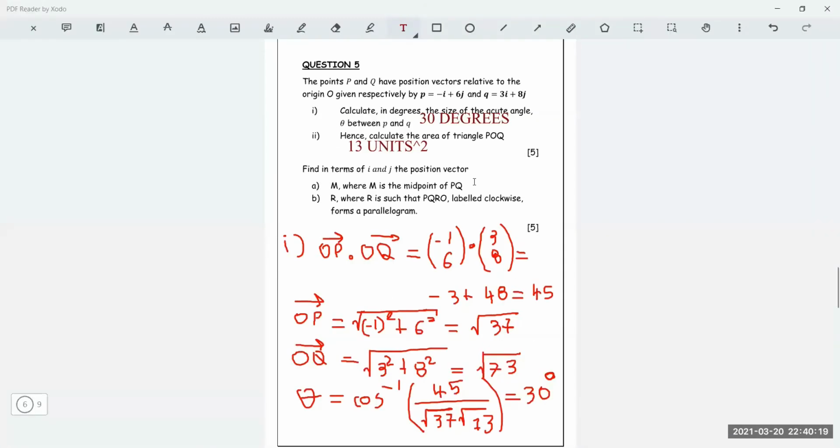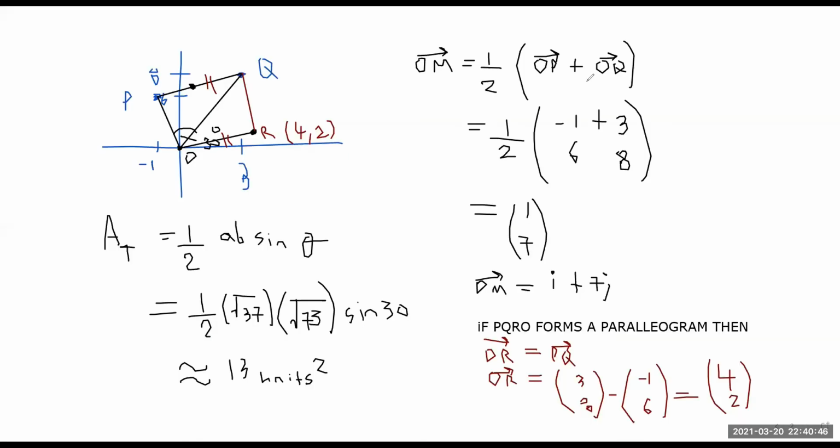And then we had gotten R: OR was equal to 4i plus 2j, I believe. Let's check again. 4i plus 2j.